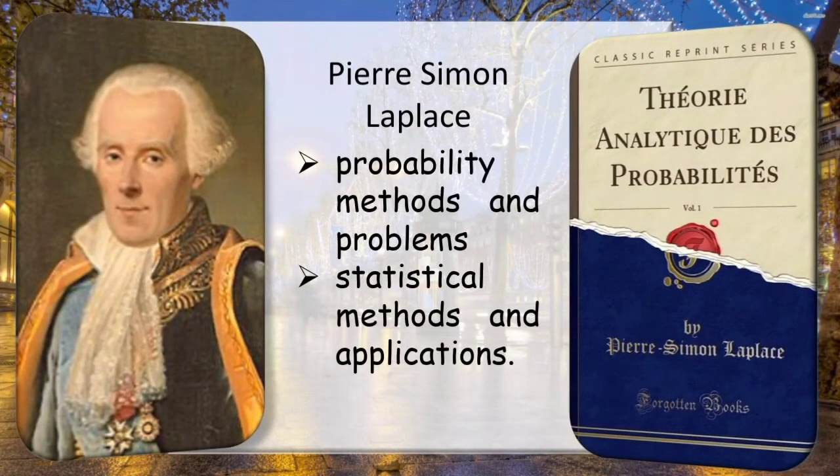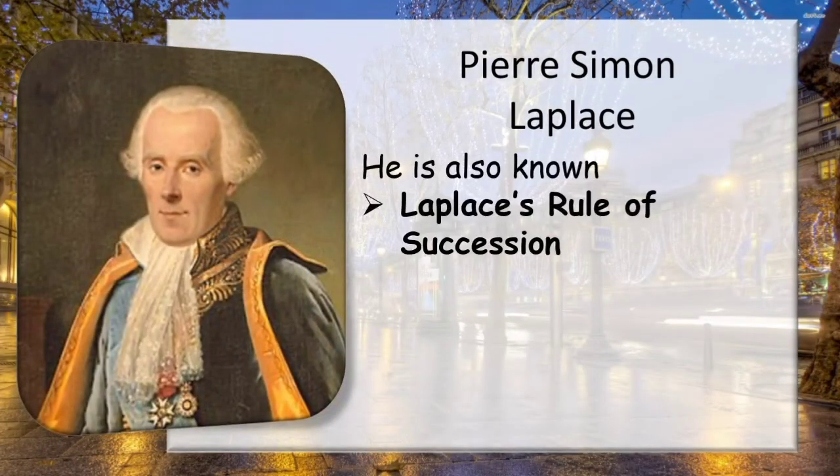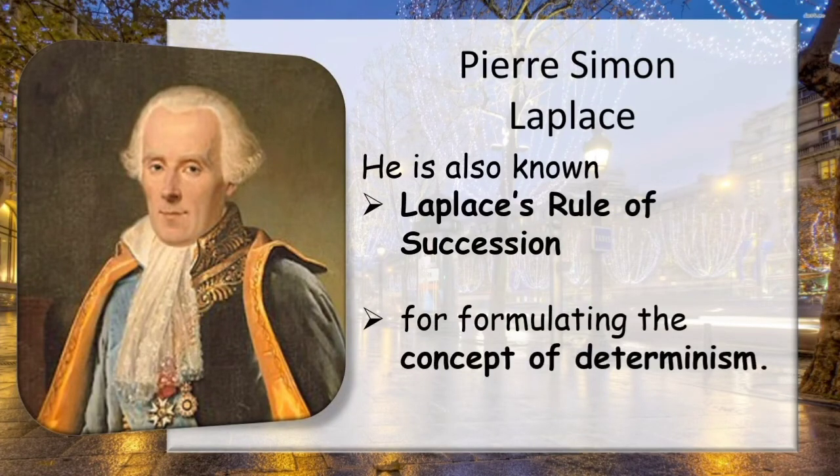Laplace is the author of the book Théorie analytique des probabilités. It contains different statistical methods and applications related to probability. Pierre is also popular for the rule of succession and the concept of determinism. The concept of determinism tells us that if you already know the current situation of something, then you can find its past and what will happen in the future.